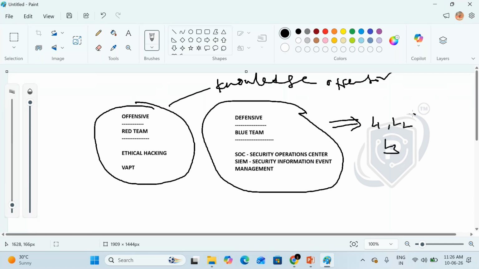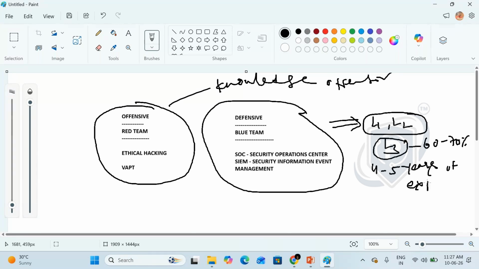We are covering 100% of L1 and L2, and around 60 to 70% of L3. That means with our syllabus, you can show 4 to 5 years of experience. That's my point. Listen, this is what we are going to cover.